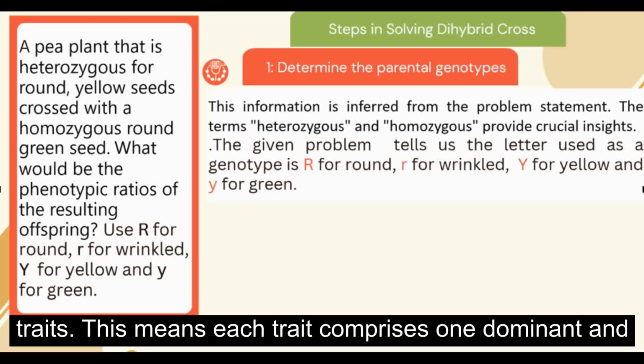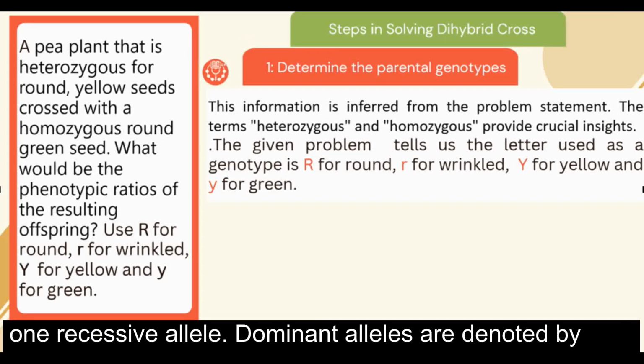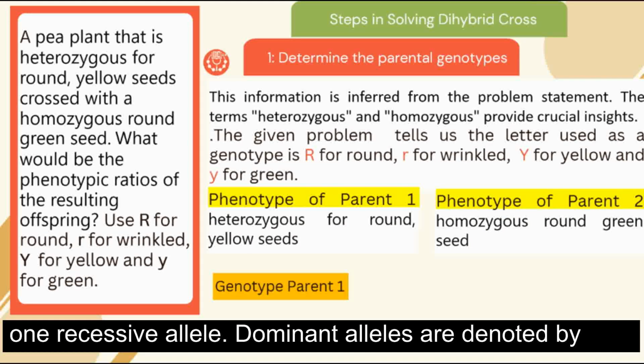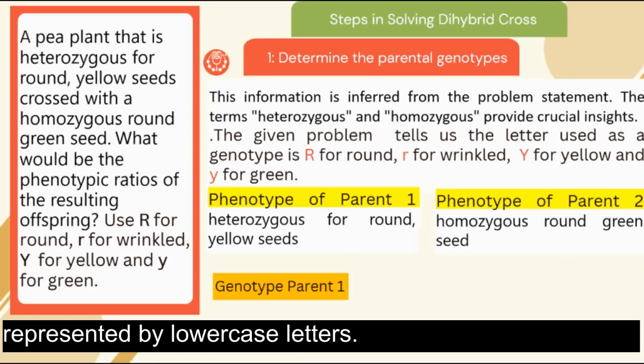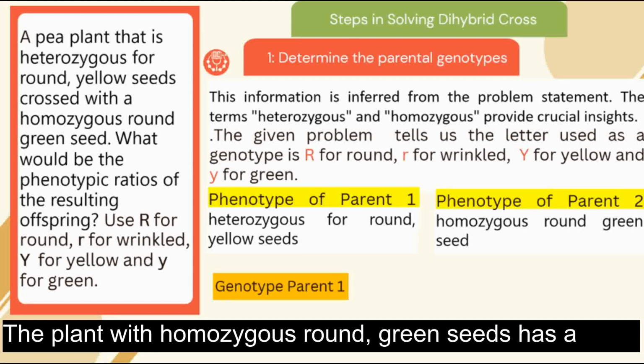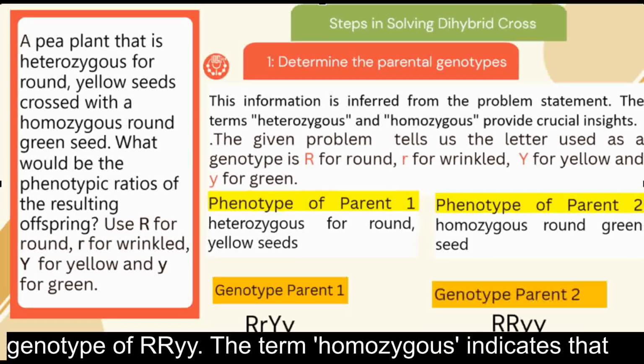This means each trait comprises one dominant and one recessive allele. Dominant alleles are denoted by uppercase letters, whereas recessive alleles are represented by lowercase letters. The plant with homozygous round green seeds has a genotype of capital R, capital R, small y, small y.